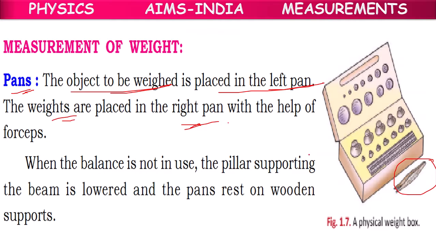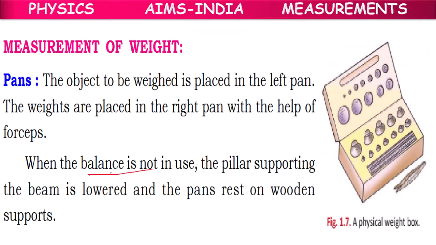That's why we make use of forceps for holding the weights. The weight box has all kinds of weights, including kilograms, grams, milligrams, decigrams, centigrams, all placed in one box called the weight box.